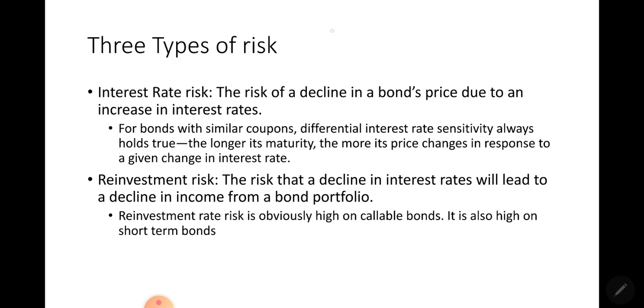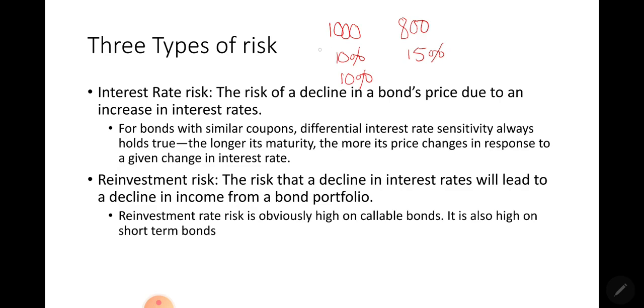For example, let's think of a bond. There is a bond which has a par value of 1000 and it is also selling for 1000. At that time the market interest rate was 10% and the coupon rate was also 10%. That's why it's trading at par. Now after 1 year the market interest rate has gone up to 15%, due to which the bond price has declined from 1000 to, let's say, 800.